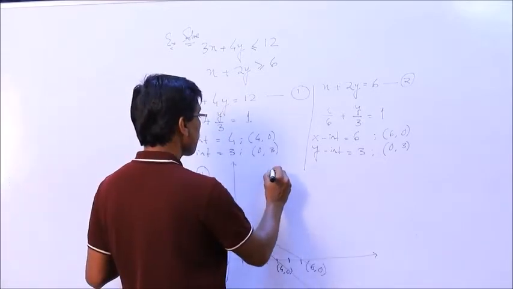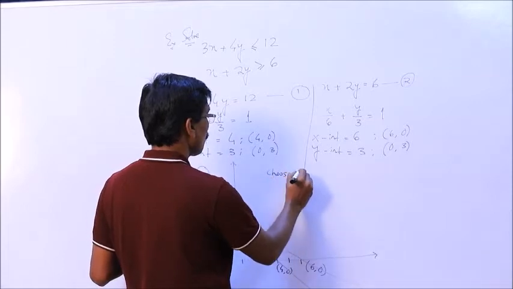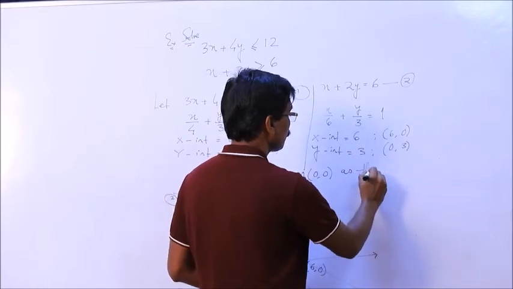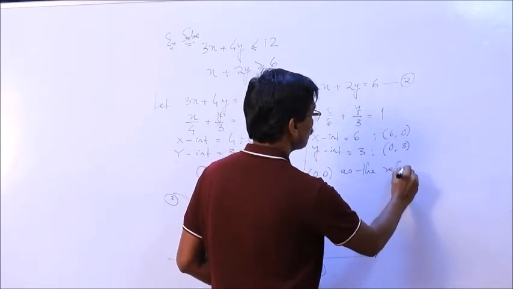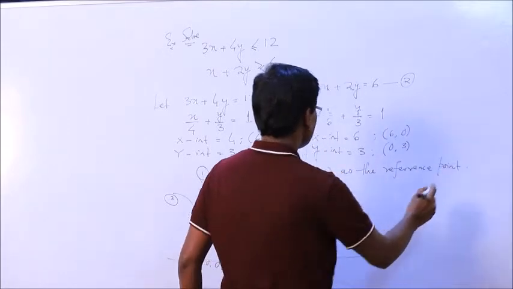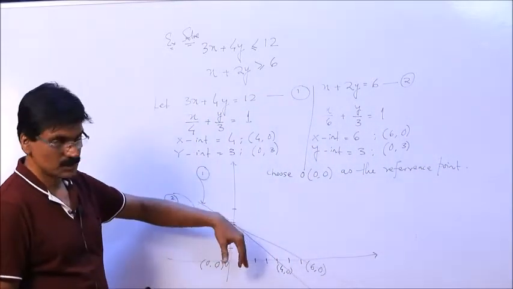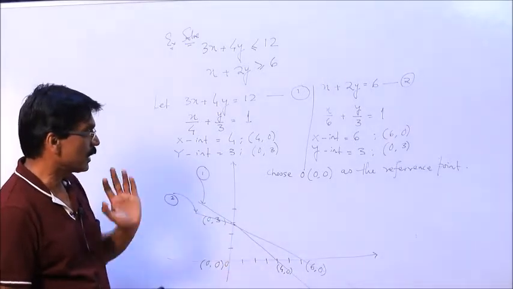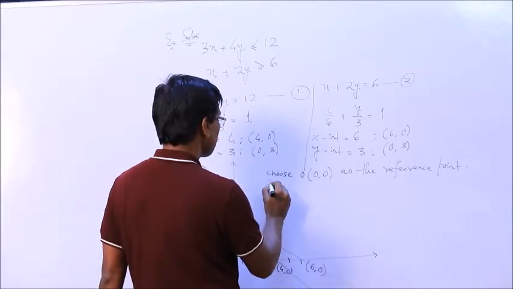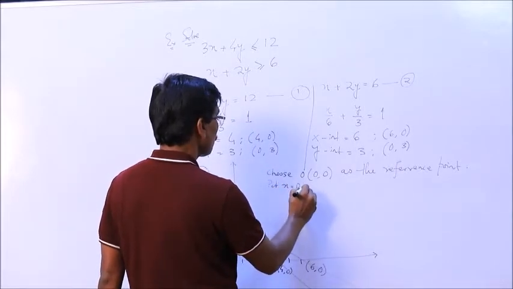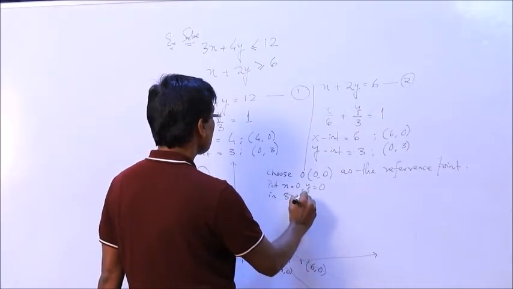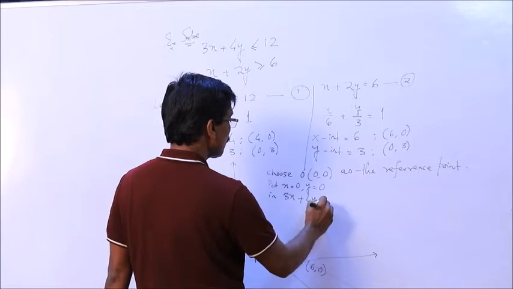If we choose origin, the reference point, we can choose any point which is not on the line and put this point x is equal to 0, y is equal to 0 in 3x plus 4y less than equal to 12.